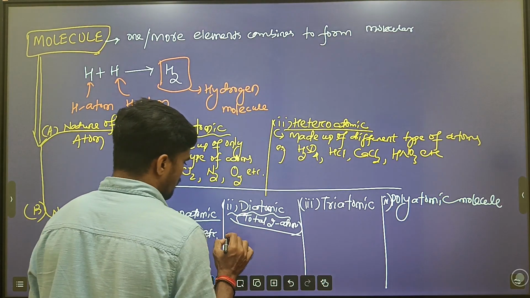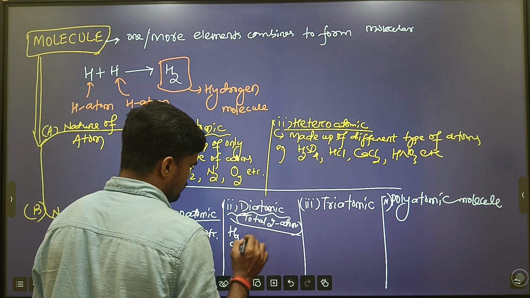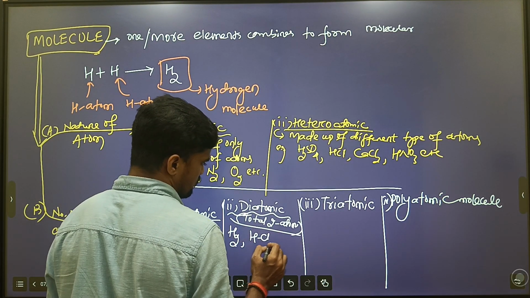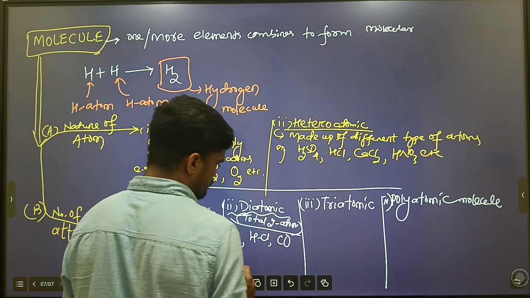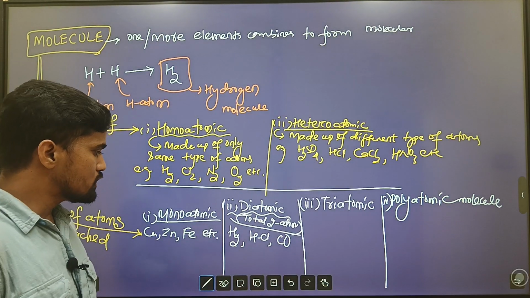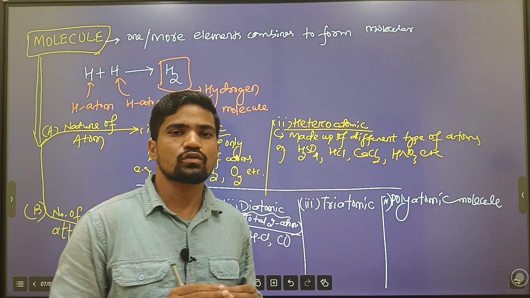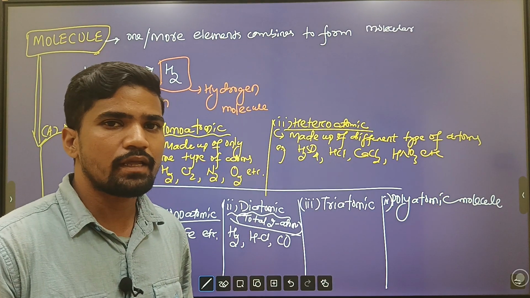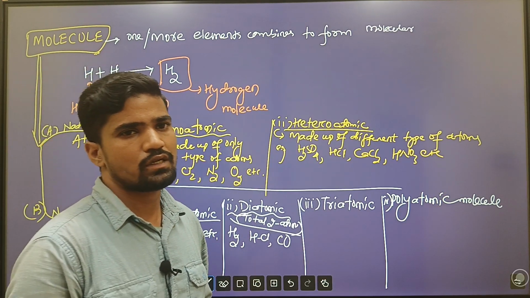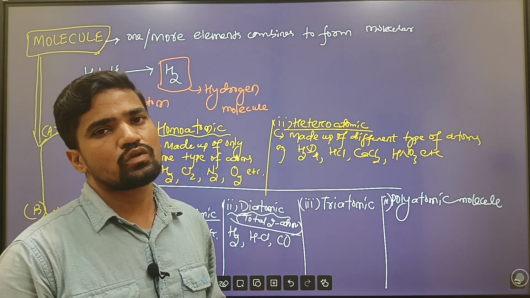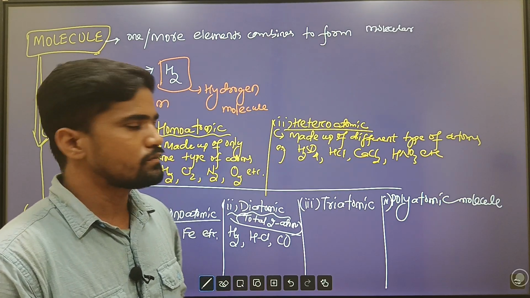Example: H2, HCl, carbon monoxide, etc. Di means two, so the molecule which contains total two atoms is called diatomic.